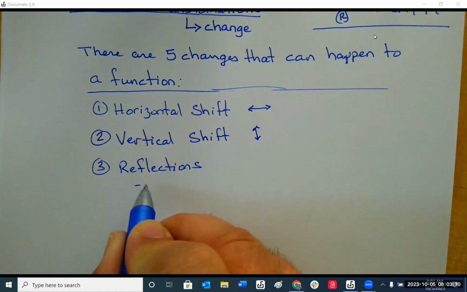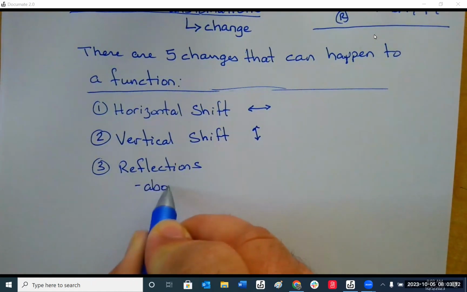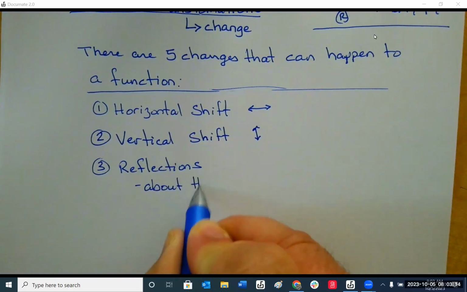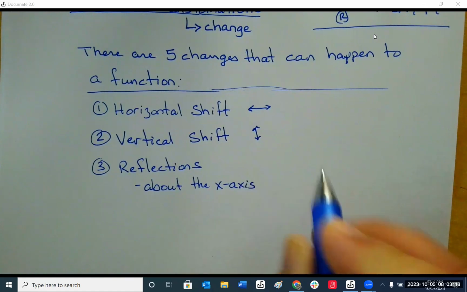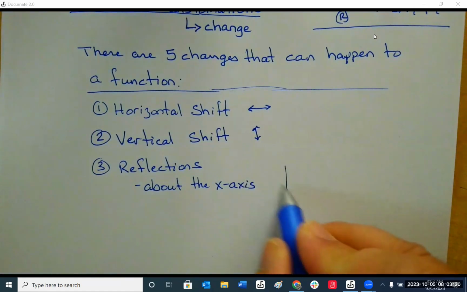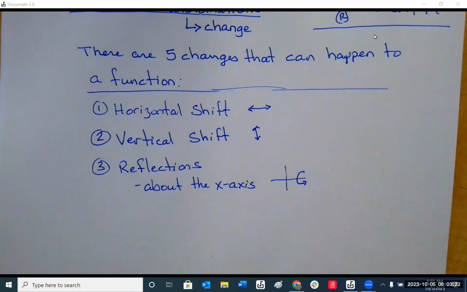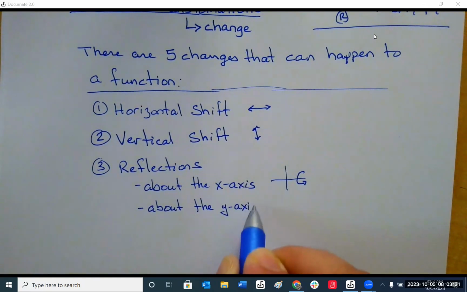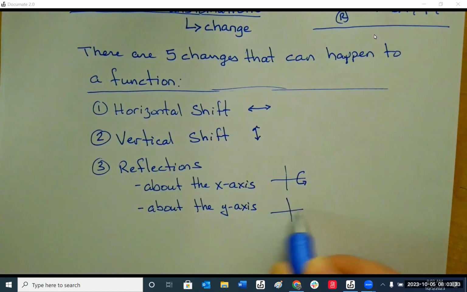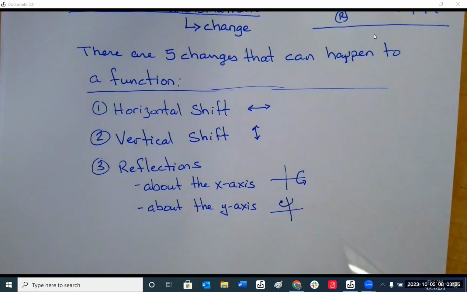There's a reflection about the x-axis. That's that way. And about the y-axis. That's that way.